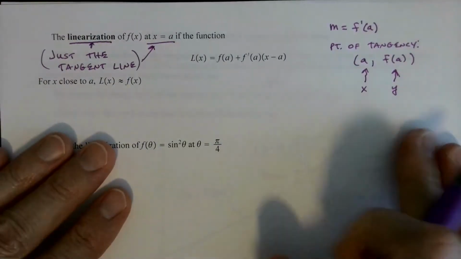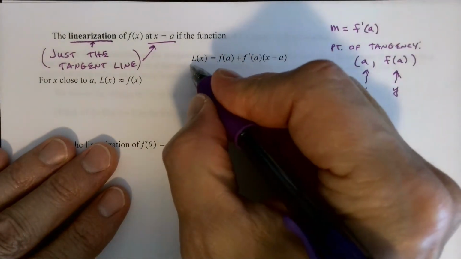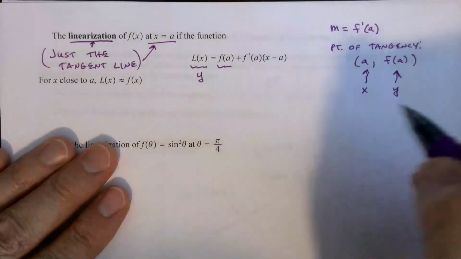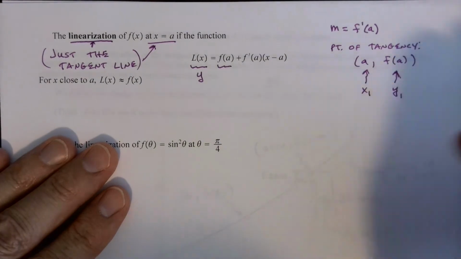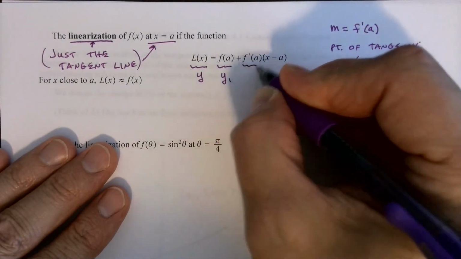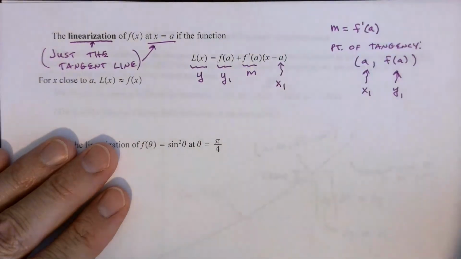And what would it look like if you find the equation of the tangent line? Well, you would have y here. This is the, let's do the x1 and y1, right? This will be your y1, and this will be your m times x minus x1.